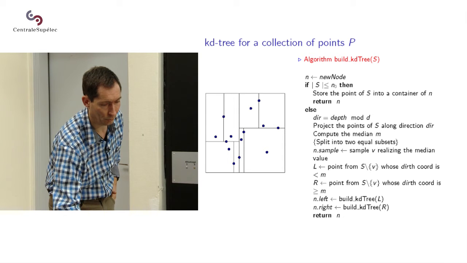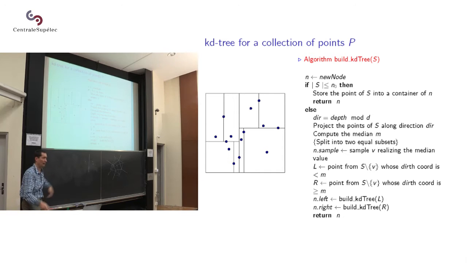So you pick the x-axis as a coordinate, and now you project all points onto the x-axis, right? And now you compute the median, namely the value which is leaving as many points on the left-hand side and on the right-hand side. So if you have done that, you know how to split your point set into two equal subsets, using the plane running through the median, namely through the point whose x value is the median of all values projected along the x-axis, right?